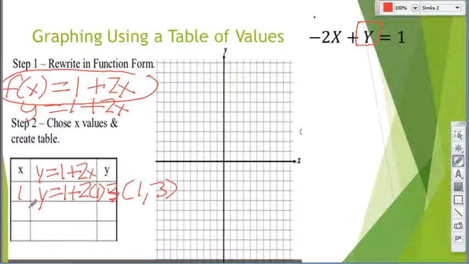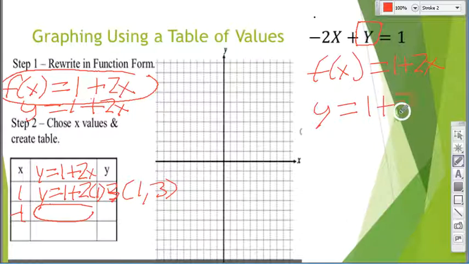What should we pick for x? Let's pick a negative 1. Our equation here is f of x equals 1 plus 2x, or we can say the y is equal to 1 plus 2x.